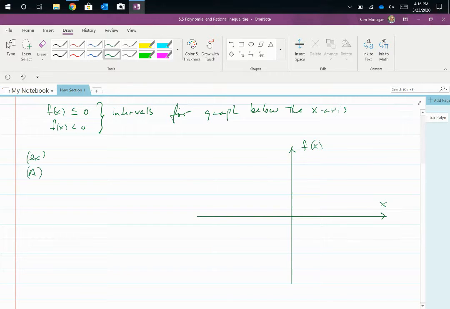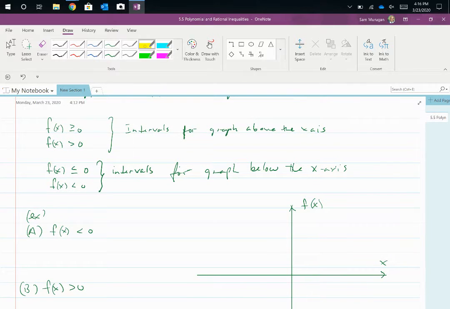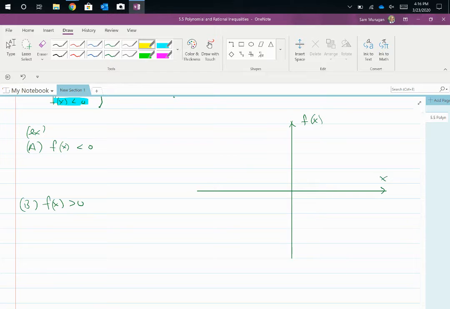Part A is asking us to find f of x less than 0, and part B is for f of x greater than 0. Now I'm going to highlight in colors what's f of x greater than 0 and f of x less than 0, so we're clear as to what we're looking at on the graphs.